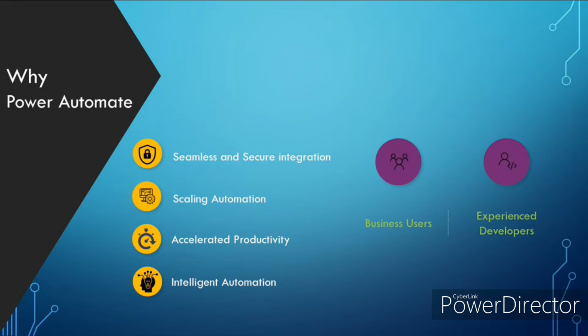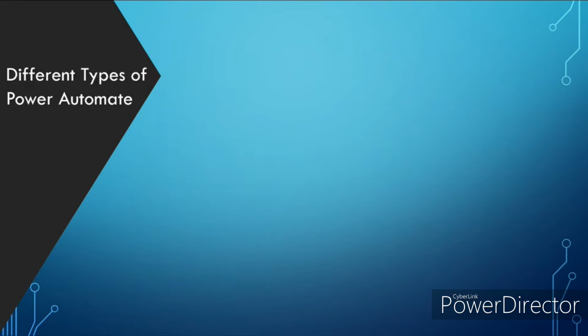You don't need lots of development knowledge to build a simple application, and a domain user can do that. That's a plus. And for a vast application with lots of complexity, an experienced developer can do that with Power Automate.